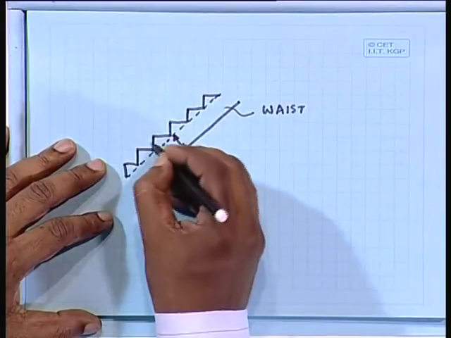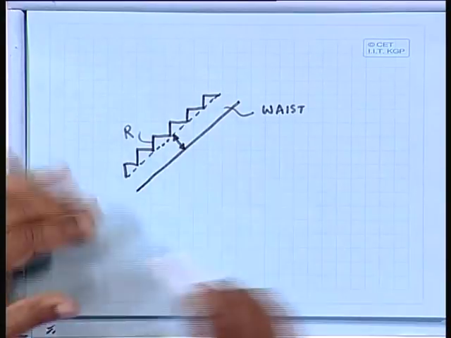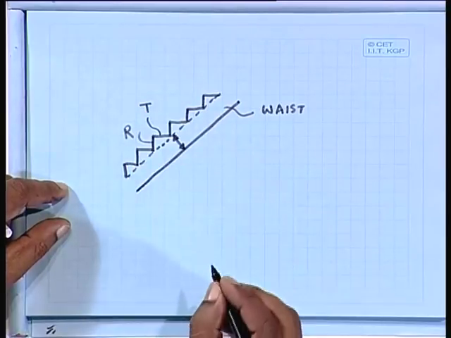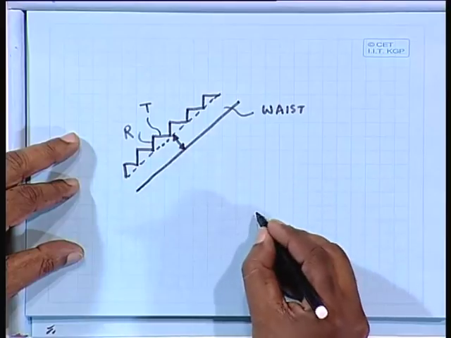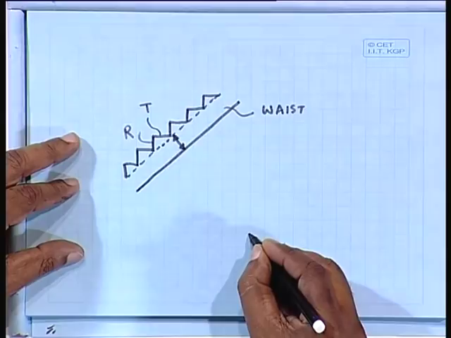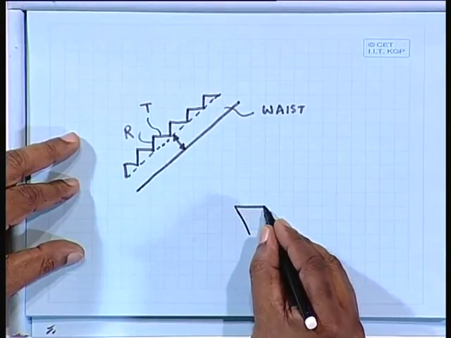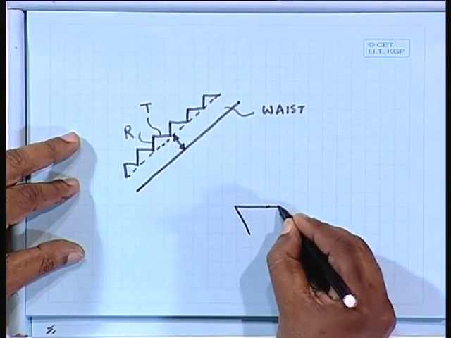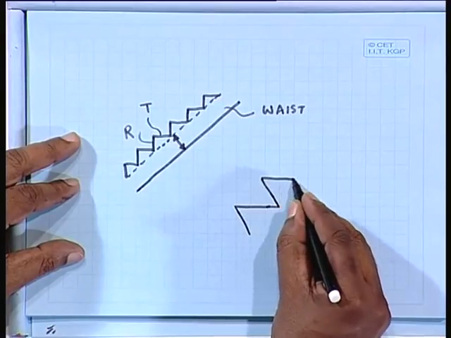There are two things. One is called rise, R, and this is called tread. Sometimes it is projected a little bit, so let us give some certain kind of projection, and then I can go again two steps. Like that it will go.